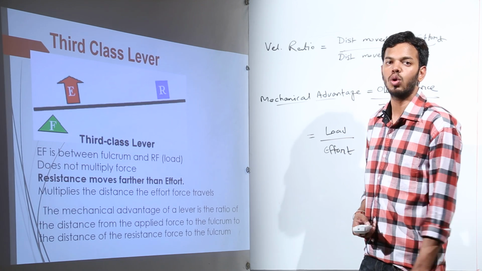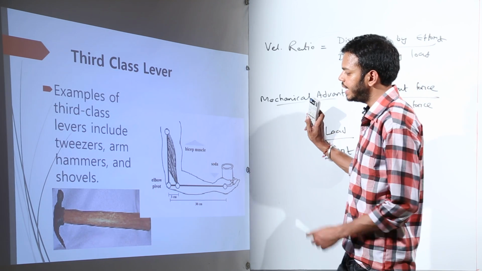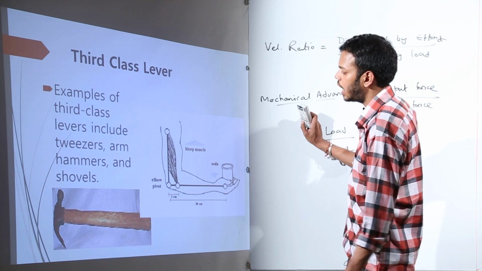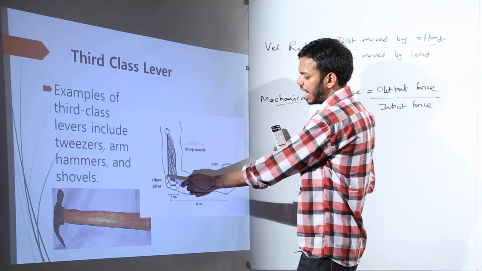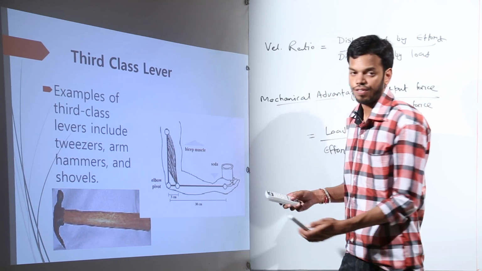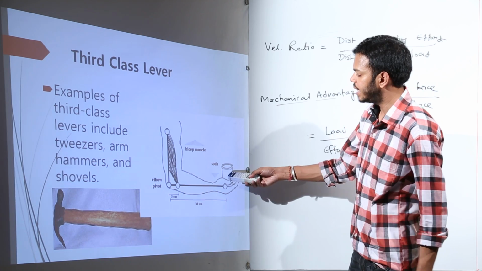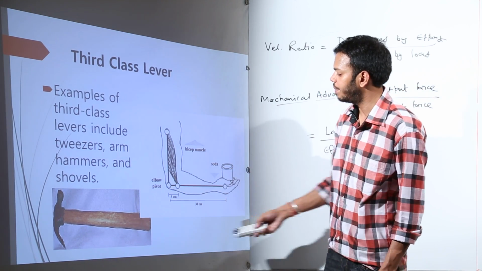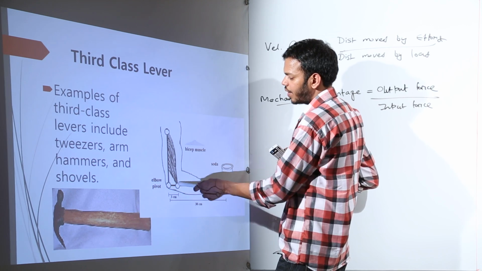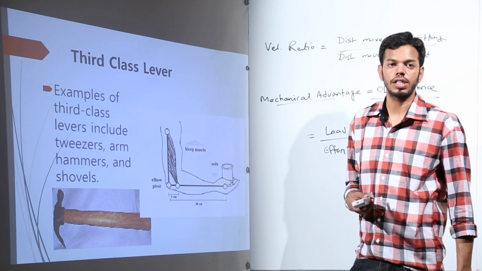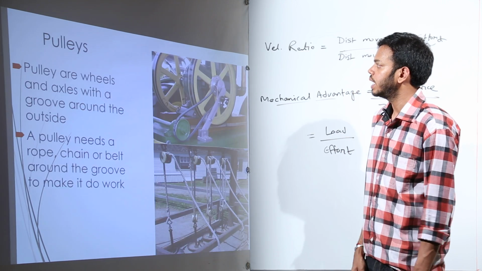Same thing, load into load arm and effort into effort arm. These are the examples of third class lever. Our biceps from elbow point, if we are picking anything up, here we have fulcrum and load is this, effort is applied in between. Then shovels, this is also a third class lever.